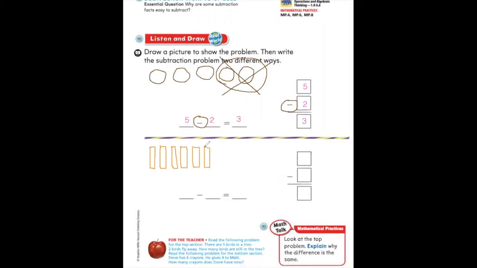We also learned from the problem that he gives 4 crayons to Matt. So we can circle 4 crayons and then cross them out to show that he's giving 4 of them to Matt. Next, our job is to write the subtraction problem in 2 different ways, just like we did on the first one.